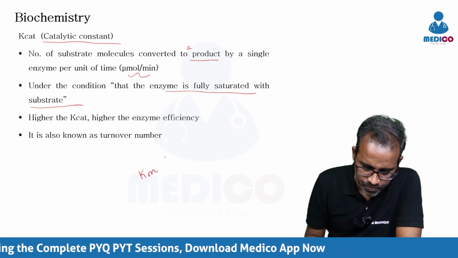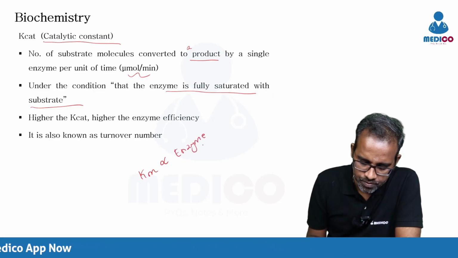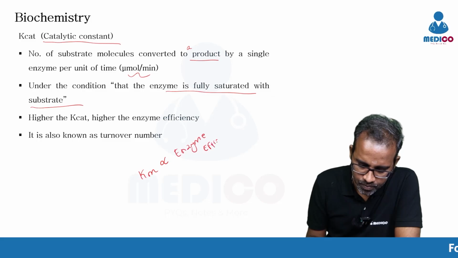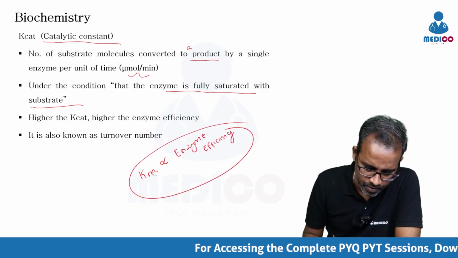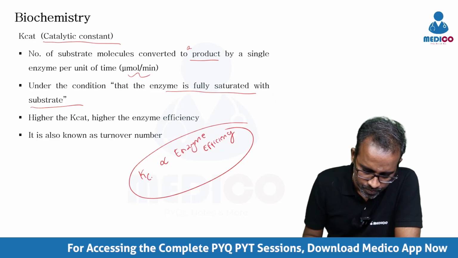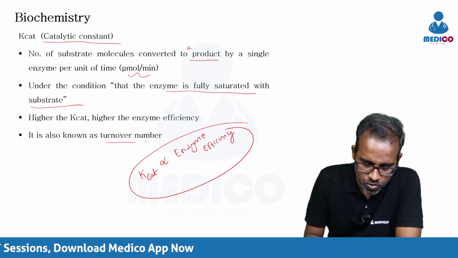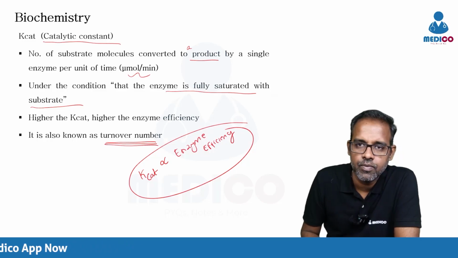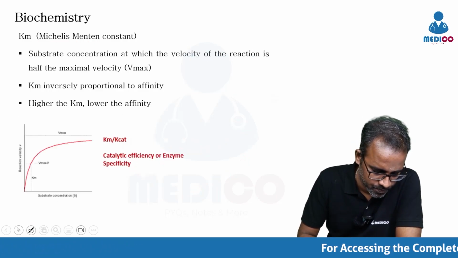So what does Kcat tell you? The higher the Kcat, the higher the enzyme efficiency. When an enzyme's Kcat is higher, the enzyme is efficient. It is also known as the turnover number. So that's about Kcat. What is Km, which we already discussed?